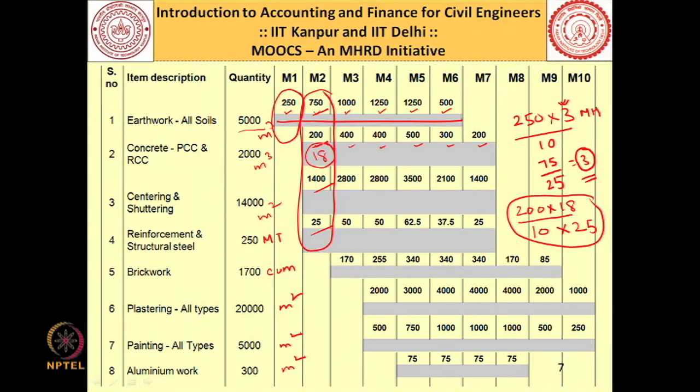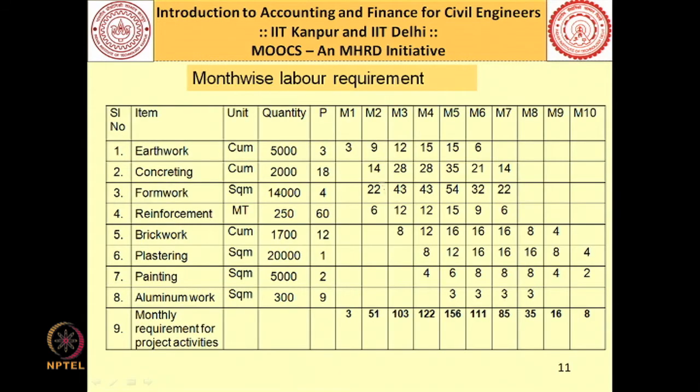So, whatever quantity of workers I am getting for concreting, for centering, for reinforcement and for earthwork, I will add all of them, and that way I am getting a total of 51 workers for month 2. So, you can see this table is giving me the month wise labor requirement.